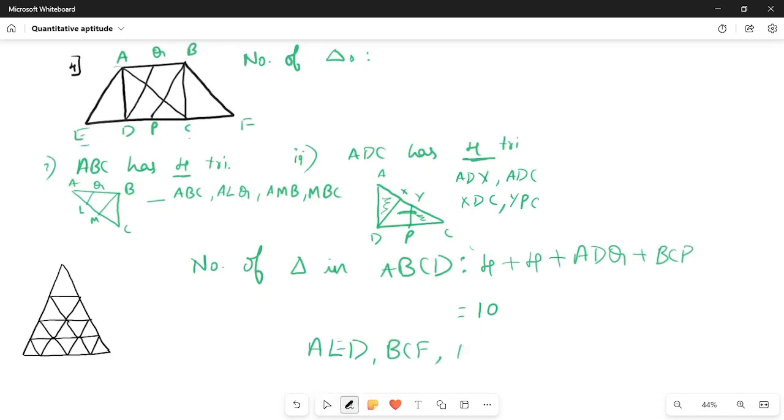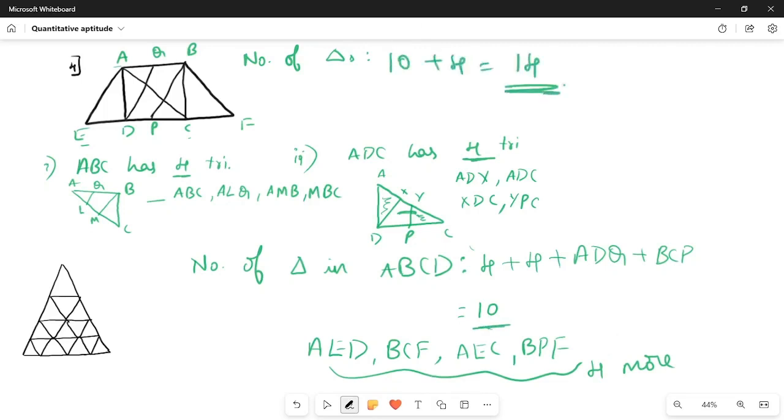AEC is one triangle, and triangle BCF with the rectangle makes BPF. So there are four more. Right. So the total number of triangles in the given figure will be 10 plus 4. So there are 14 triangles in the given figure.